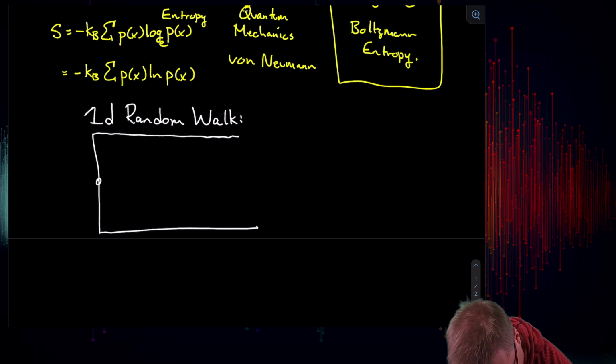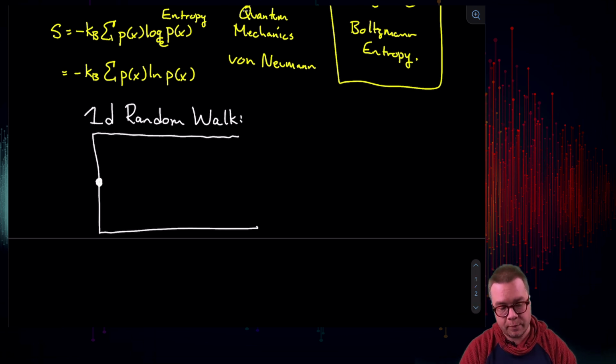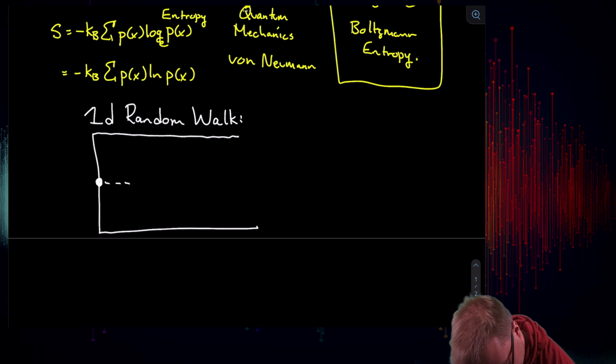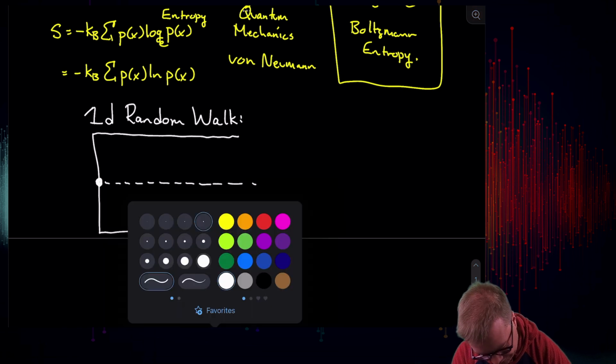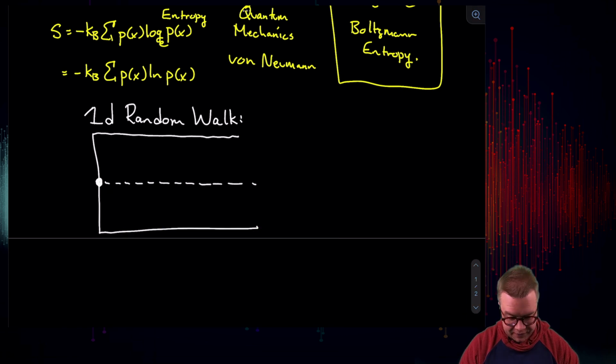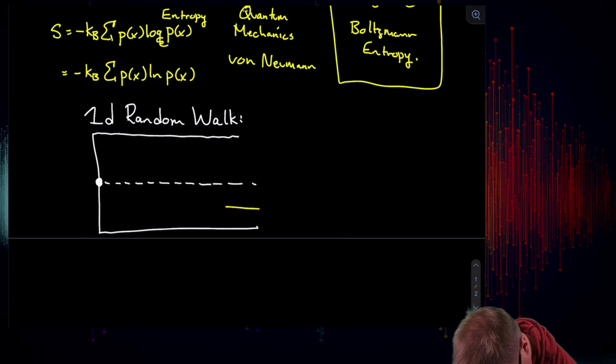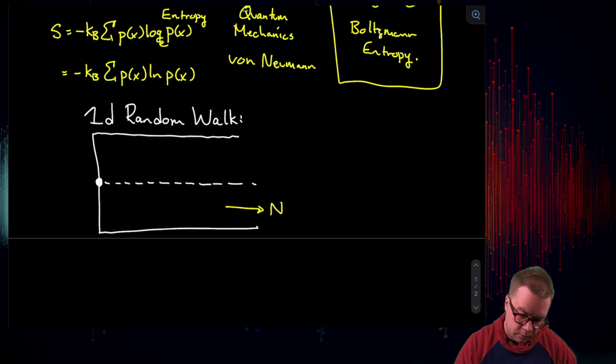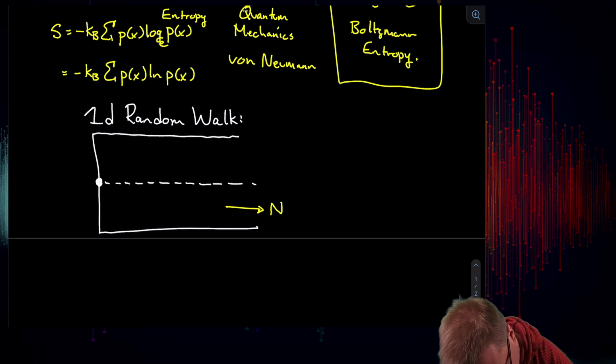We had an alleyway, and someone starts in the middle of the alleyway initially. And what they do is they take a certain number of steps. The number of steps that they take in this direction, we call capital N. And they move a certain distance in this direction that's the same every time.